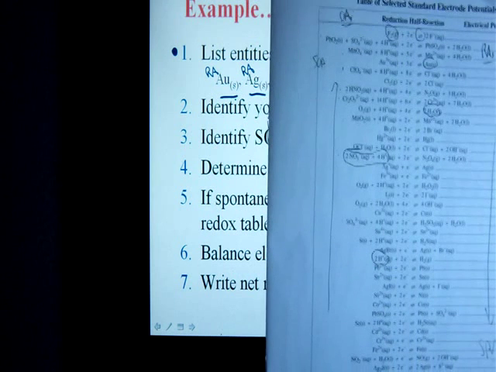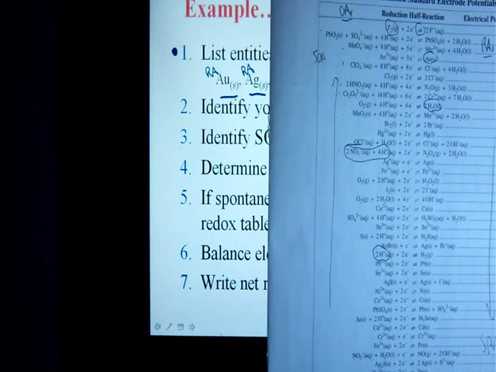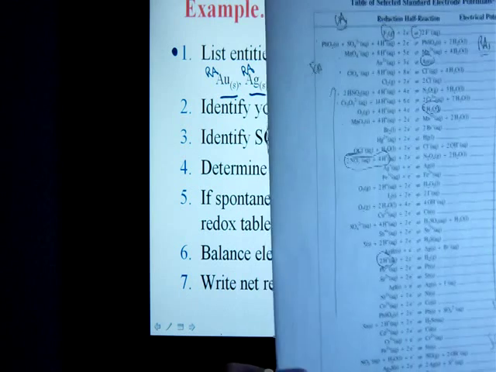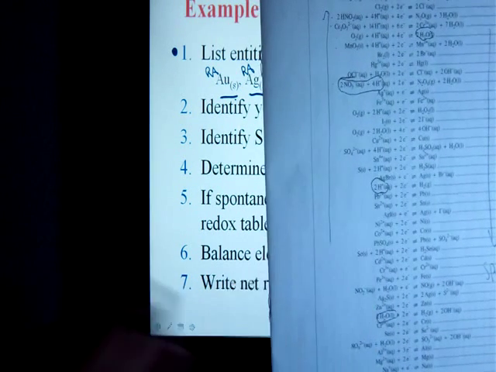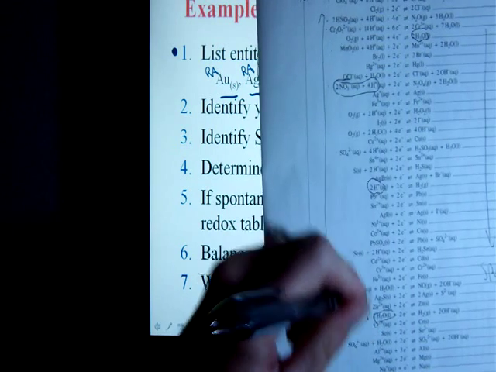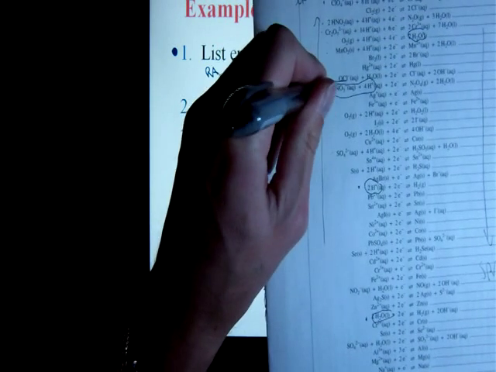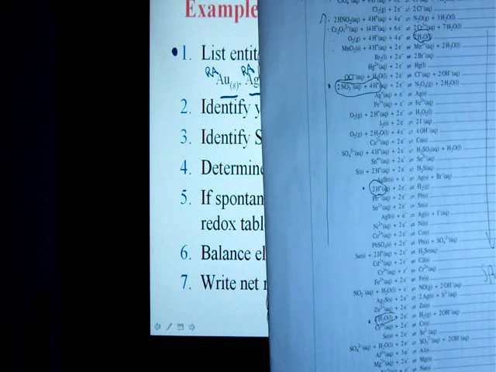The OAs that we have are water, right here, and H plus, and HNO3. Well, the HNO3 is the highest up on the left, which makes it our strongest oxidizing agent.